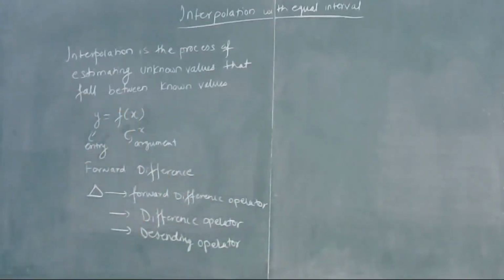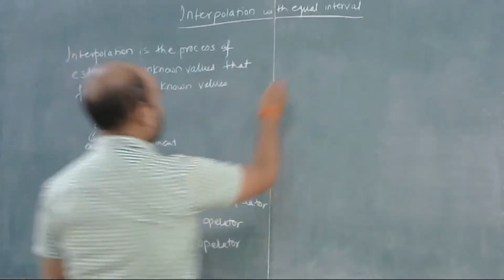This is del, which is delta, known as the forward operator. So we have seen the first difference.